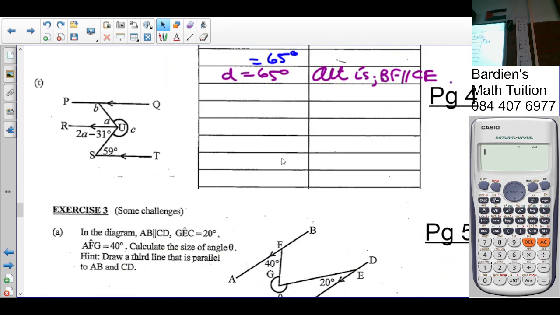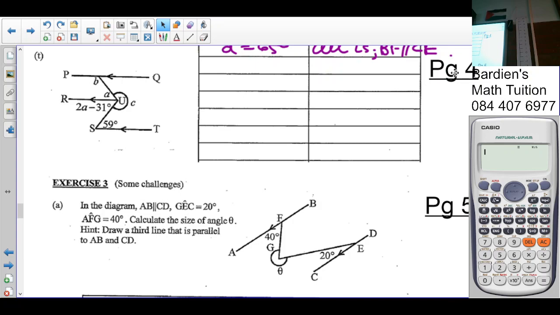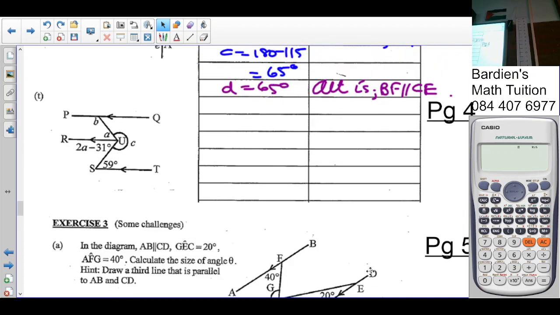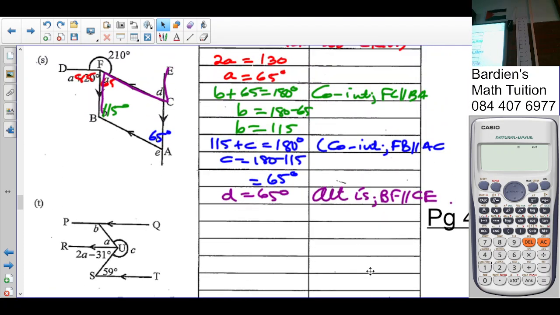Okay, so I'll give you a couple of minutes to sort out T. Another angle we're missing, oh, we're missing E. We didn't see E, sorry. There you go. Angles on a straight line. So E plus 65 is equal to 180.